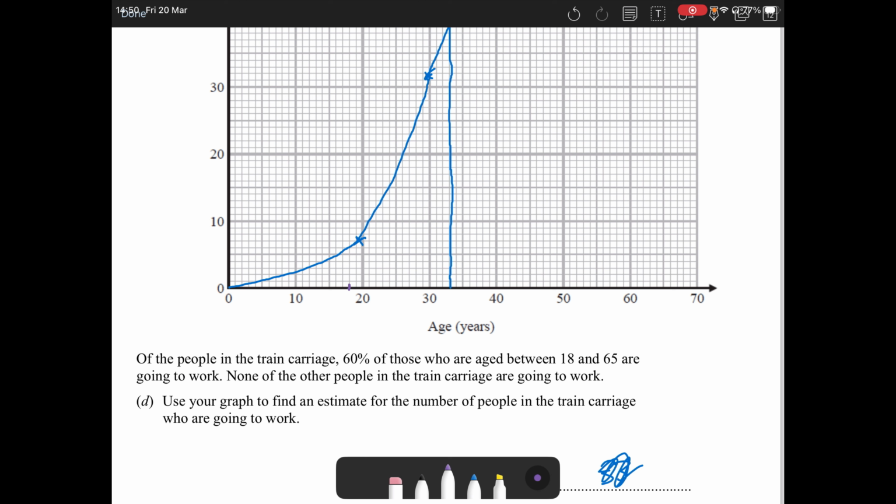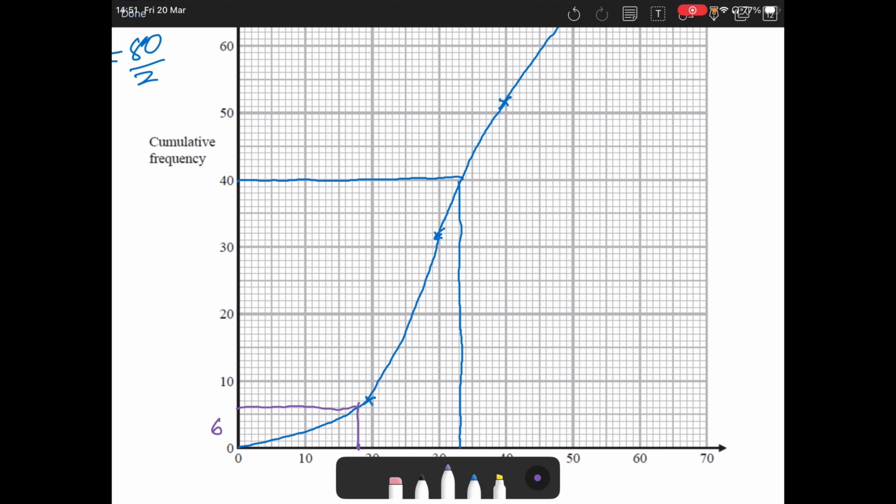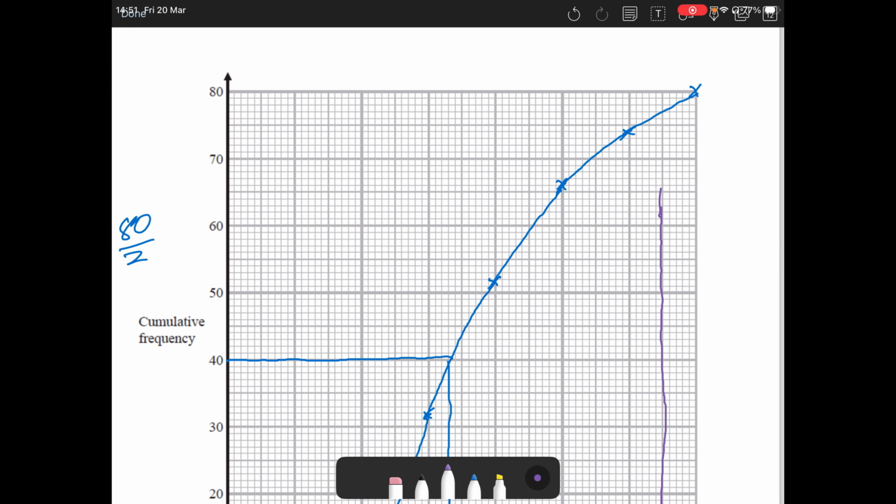Okay, so how many people basically are on this train between 18 to 65? So let's see, right, 18 gives me 6. Basically, there are 6 people on the train that are less than 18 years old. And let me find 65, which is here. Usually I would use a ruler, but on an iPad, this is a little bit difficult, but you get the idea. Go up and across.